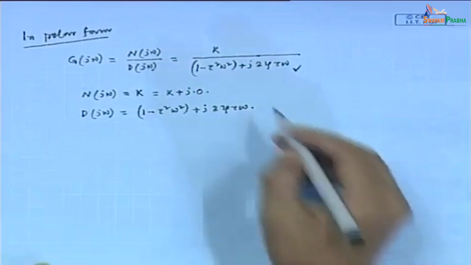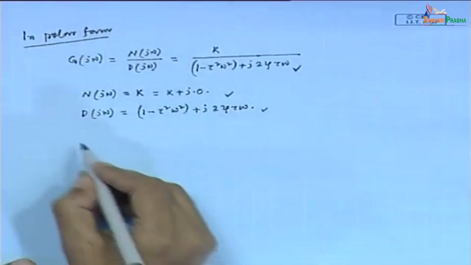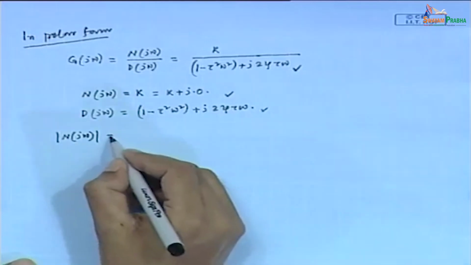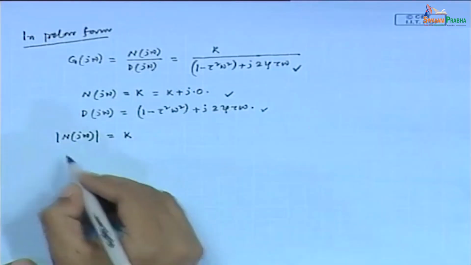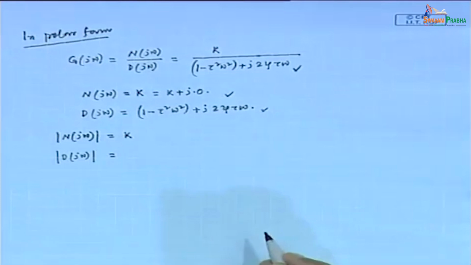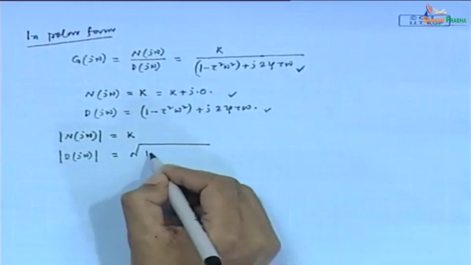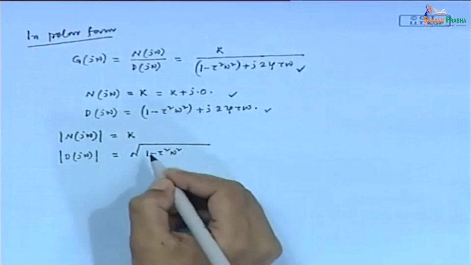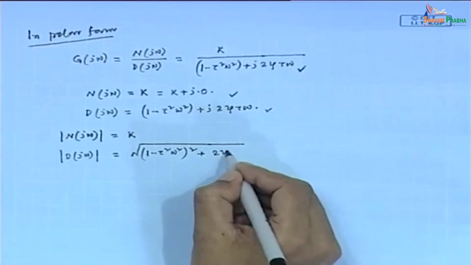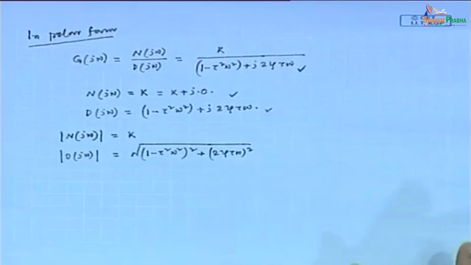Now, what is the amplitude of this numerator term? Amplitude is k. What is the amplitude of denominator term? That is root over of 1 minus tau square omega square whole square plus 2 zeta tau omega whole square. This is the magnitude of denominator.